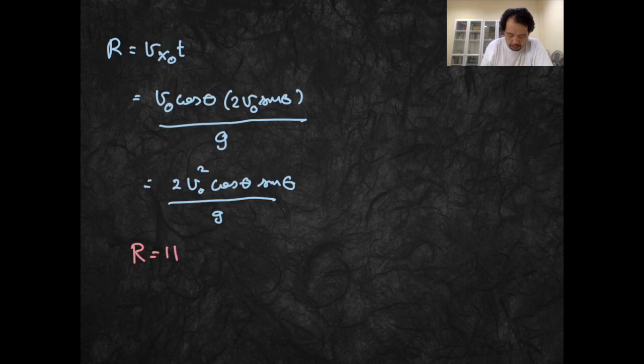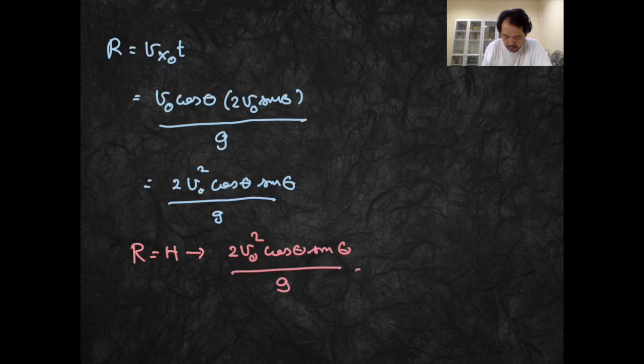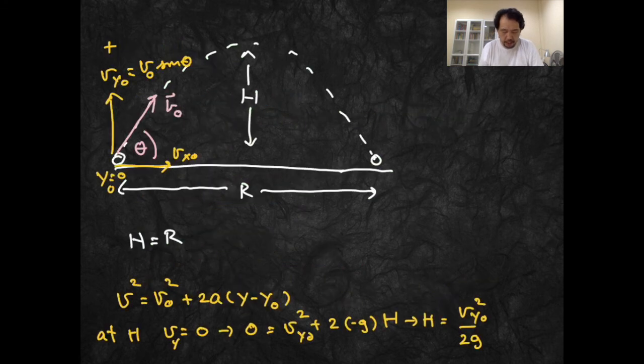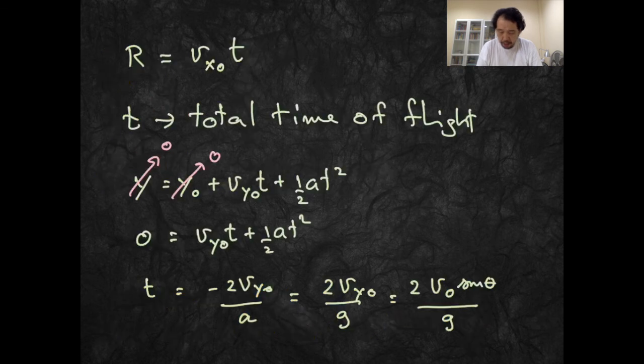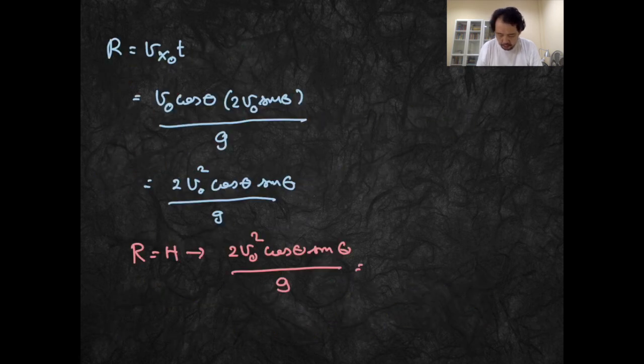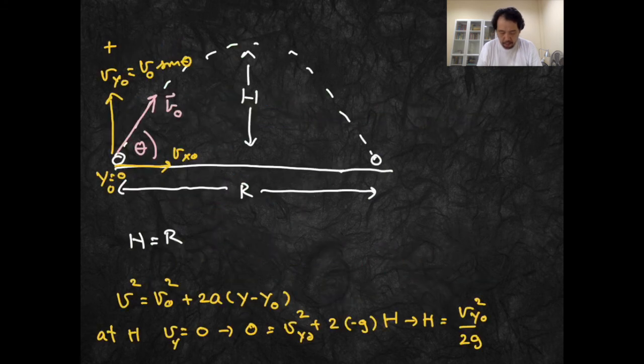Okay. Now we put all of our calculations together. We have r equal to h, which means that 2 v0 squared cos theta sine theta over g is equal to h. We have h equal to Vy0 squared over 2g. So we have Vy0 as v0 sine theta, squared, over 2g, right?